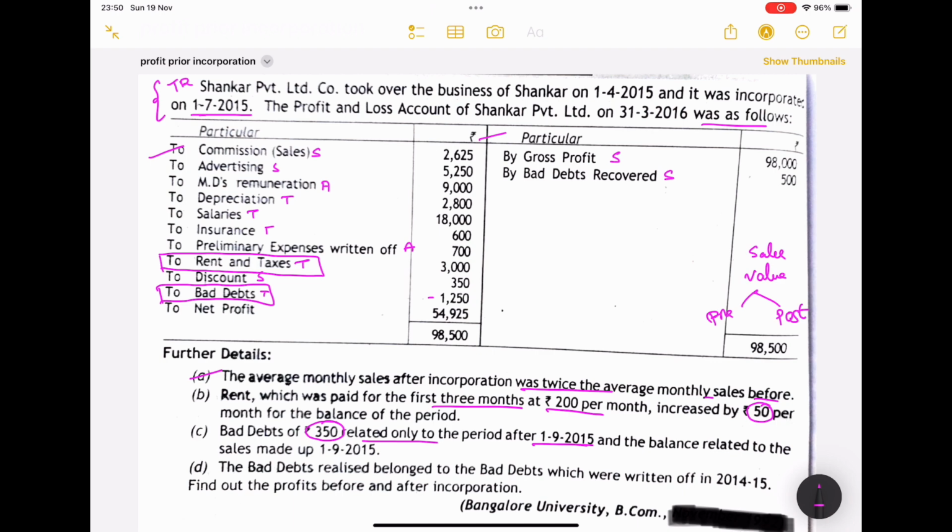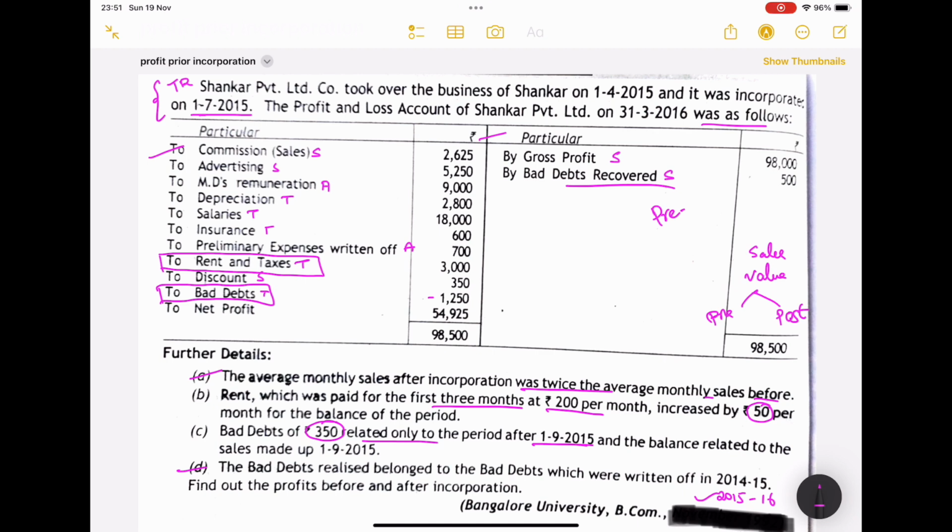Now, the last one, I think I missed this. The bad debts realized belong to the bad debts which were written off in 2014-15, which means it is fully related to pre-incorporation. You are getting my point? We are in the accounting period of 2015-16, the current financial year according to this question.